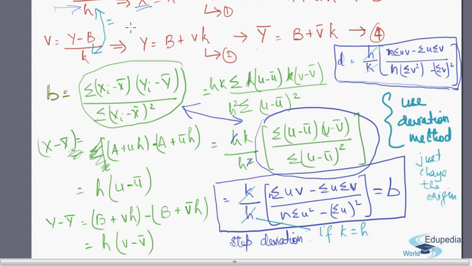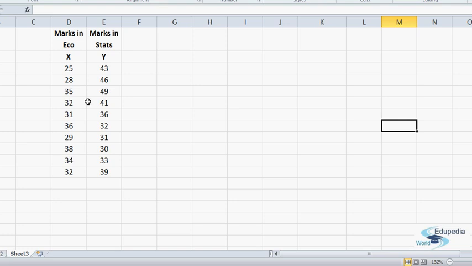Alright, now let's take a problem for practice. Here we have the marks in two different subjects, marks in economics and marks in statistics. Let's solve this question by the shortcut method, that is, by changing the origin or scale, whichever is convenient.